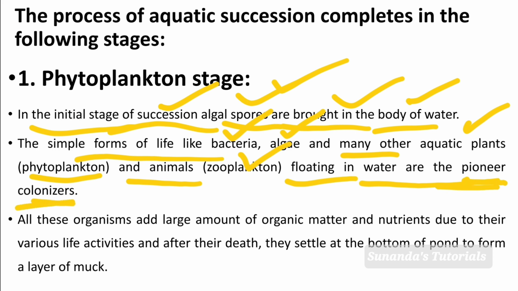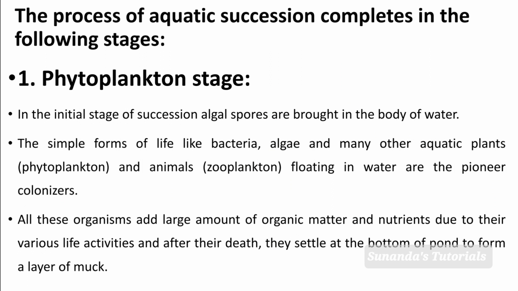So the pioneer colonizers of this hydrosere or aquatic ecosystem are the phytoplanktons, that is small aquatic plants, and zooplanktons, that is small animals. All these organisms add large amounts of organic matter and nutrients due to various life activities, and after their death they settle at the bottom of the pond.